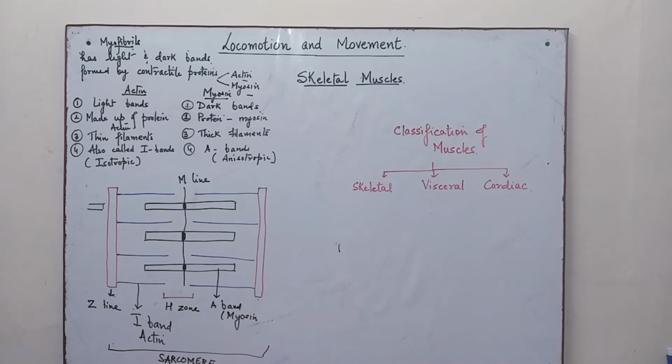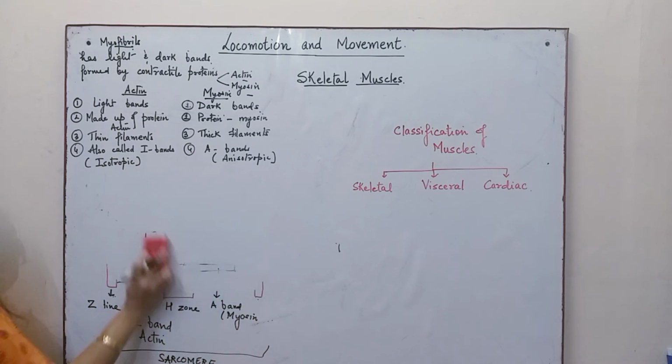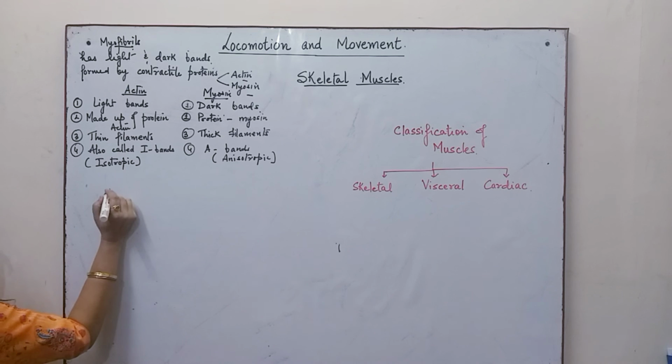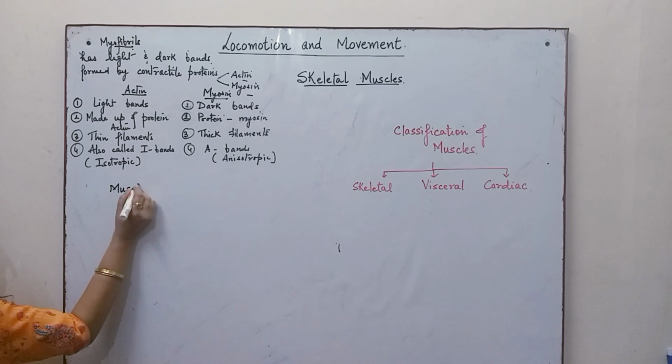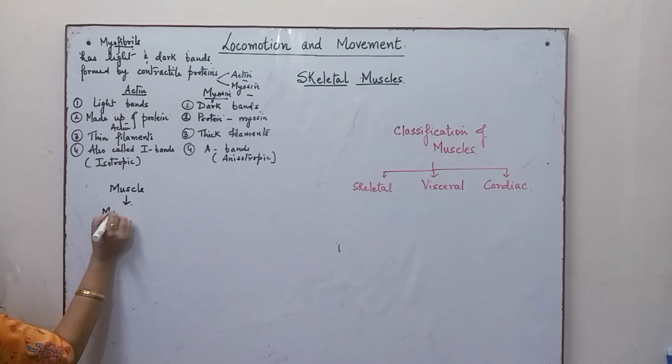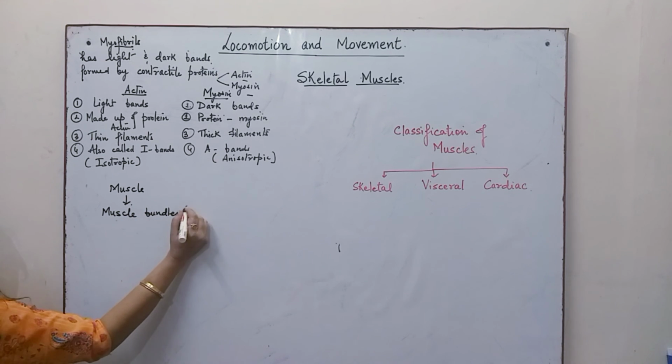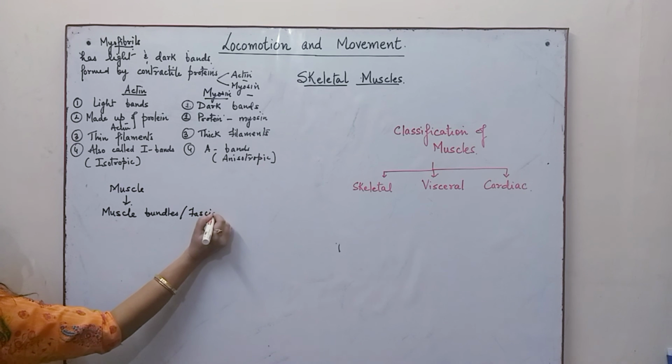So when we summarize it, we find that each muscle is made up of several muscle bundles, or fascicles.